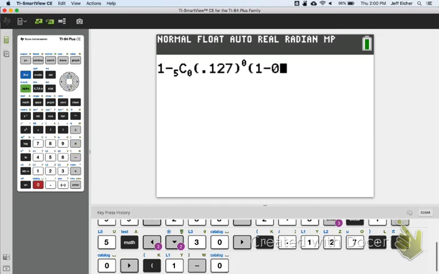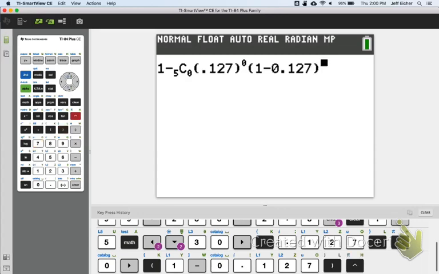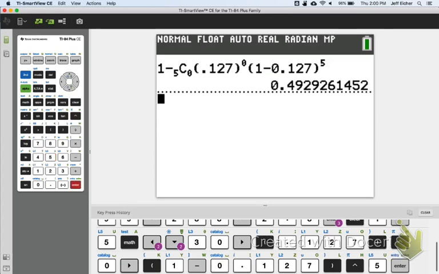Just to make sure I don't type it wrong, I'll ask the calculator to calculate 1 minus 0.873 raised to the 5. And we get an answer of at least 1 exceeding the standard would be 0.493. That would be our answer to B.